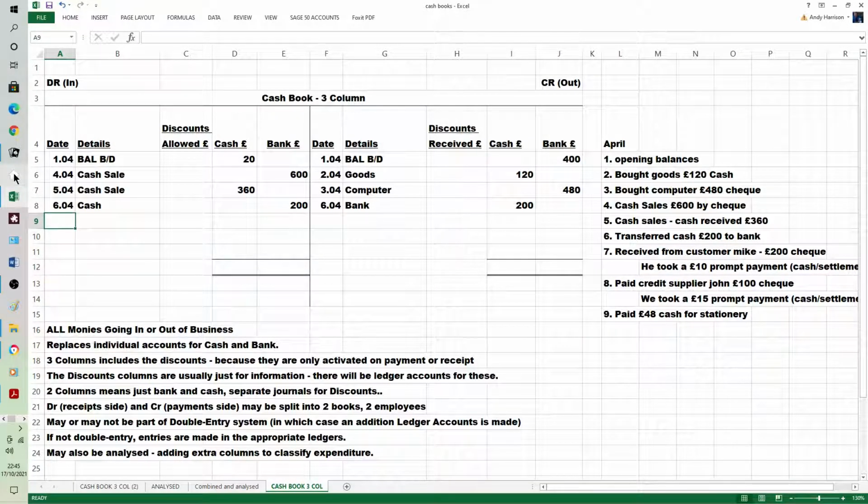Receive from customer, so this is Mike and this is sales ledger, so that means it's a customer with an account we invoiced some time ago. He's taken a discount and he's given us a check, and then we've paid a credit supplier, purchase ledger, so there'll be entries in the purchase ledger, and we've taken prompt payment discount and we've given him a £100 check.